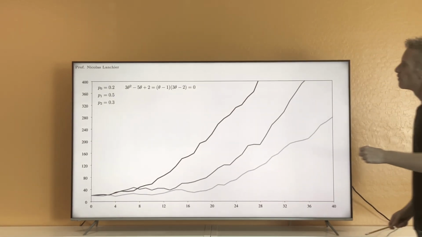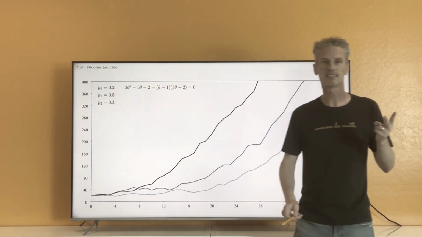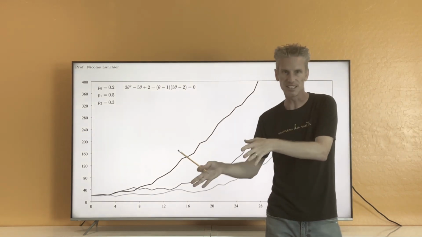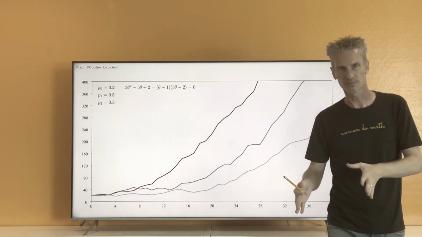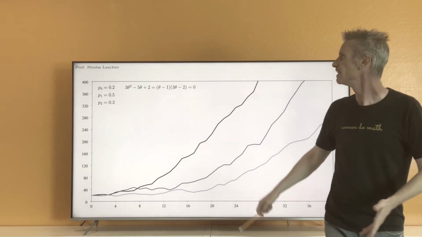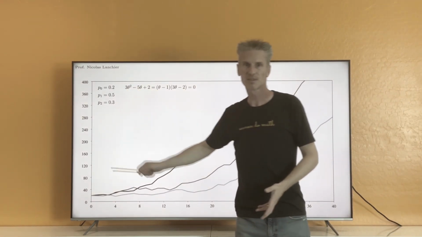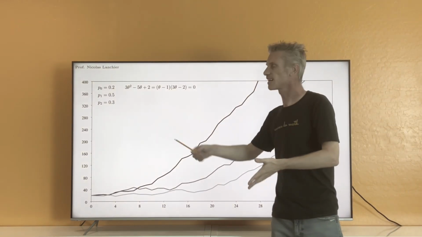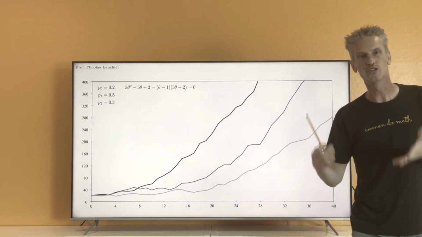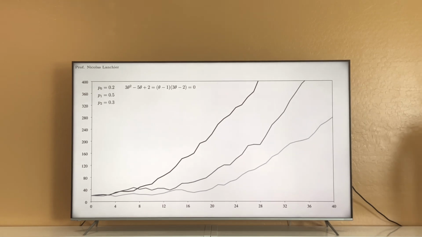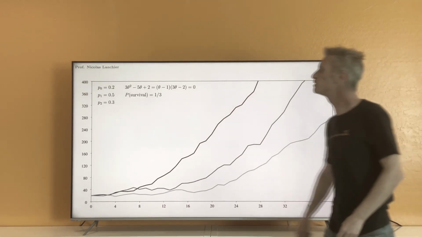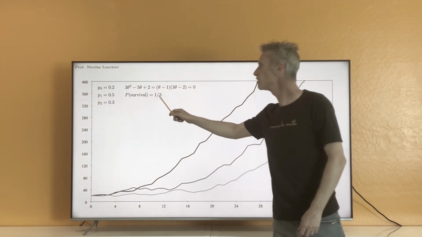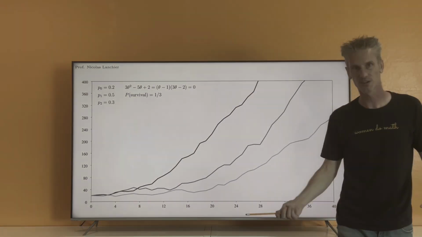So theta equals 2/3 is your theta infinity, the probability of extinction, and so you deduce that in this particular case, the probability of survival is 1 minus your probability of extinction, so 1 minus 2/3, and so the conclusion is that in this specific case, the probability of survival is equal to 1/3.